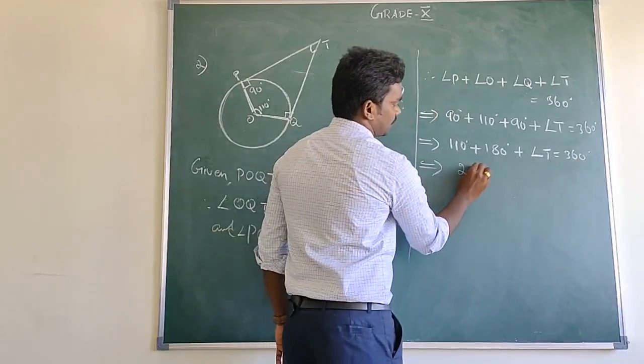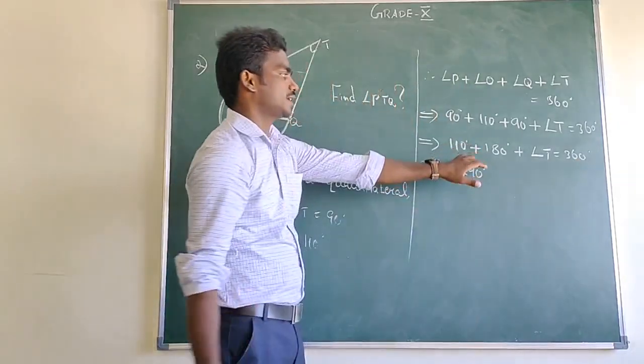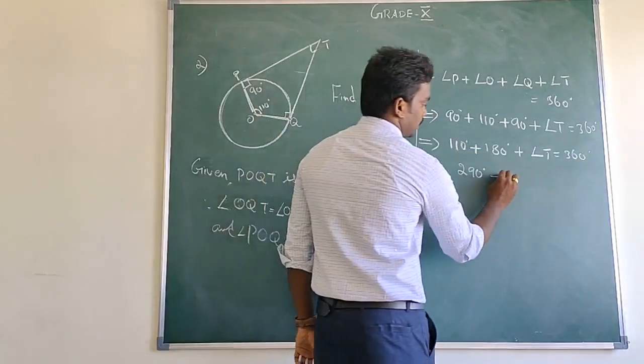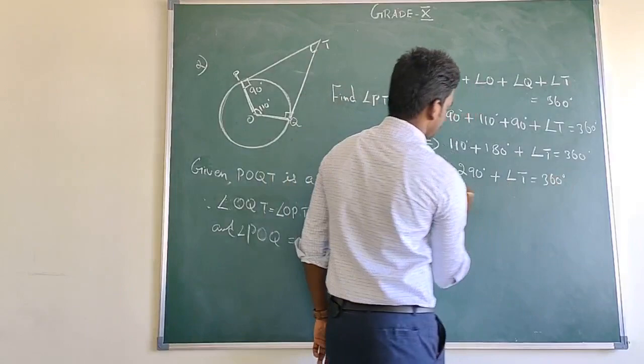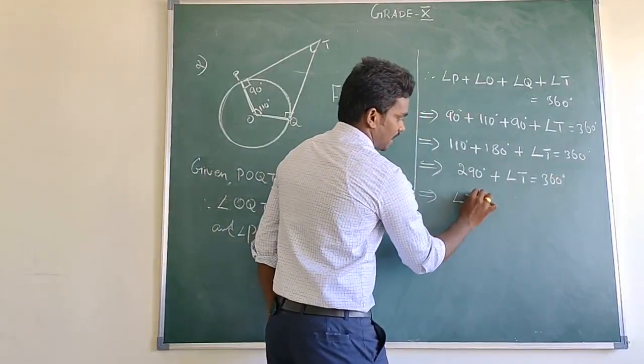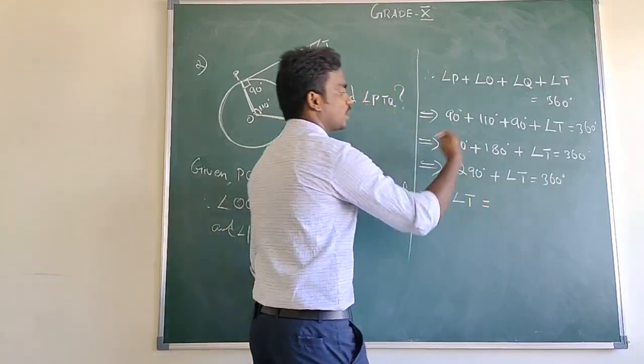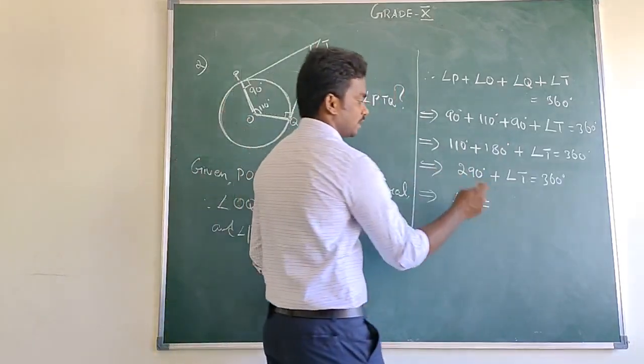Implies 110 plus 180, 290 plus angle T is equal to 360 degree. So keep the angle T on the left side, and 290 is transposing to negative value.